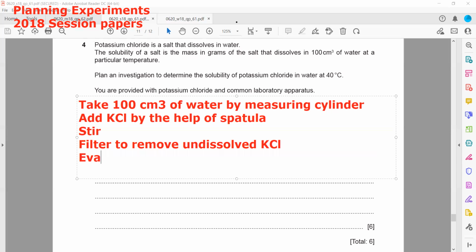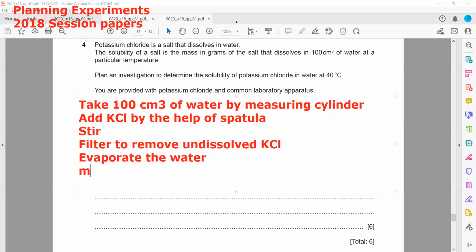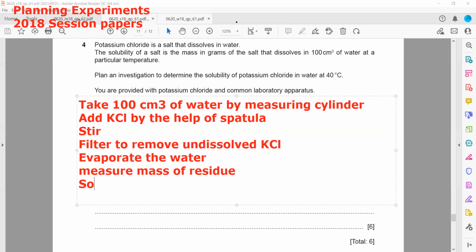Then we will evaporate the water, then we will measure the mass of the residue. Then solubility will be equal to mass divided by volume.